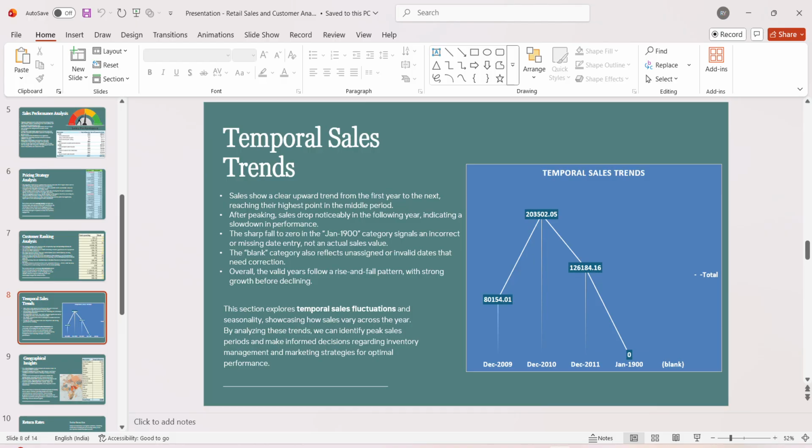This section explores temporal sales fluctuation and seasonality, showcasing how sales vary across the year. By analyzing these trends, we can identify peak sales periods and make informed decisions regarding inventory, management, and marketing strategies for optimal performance.